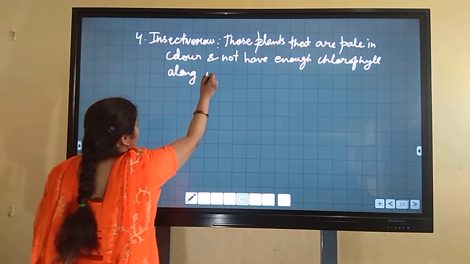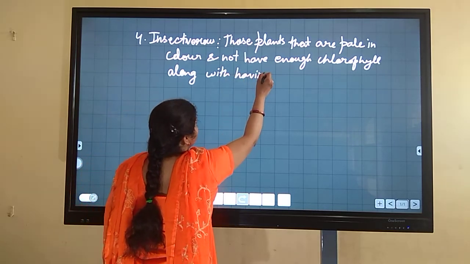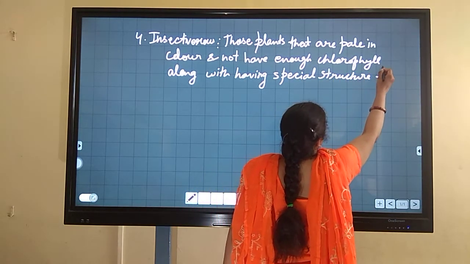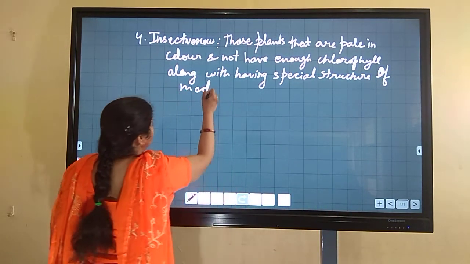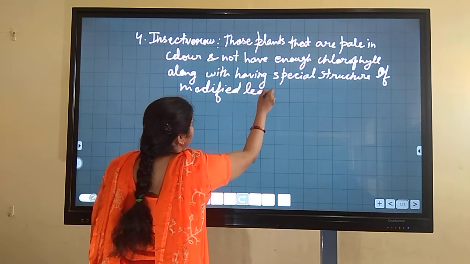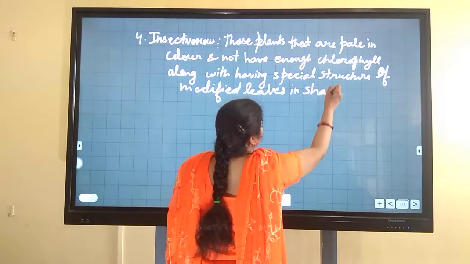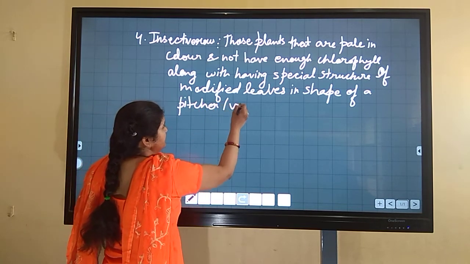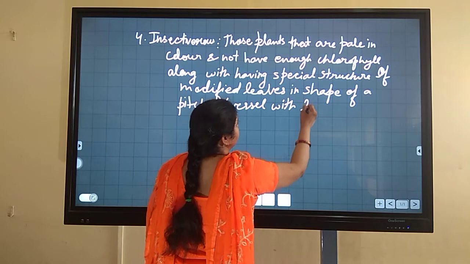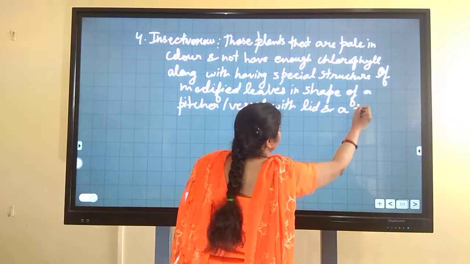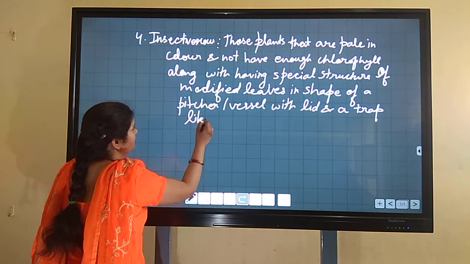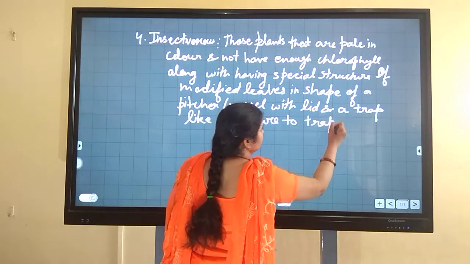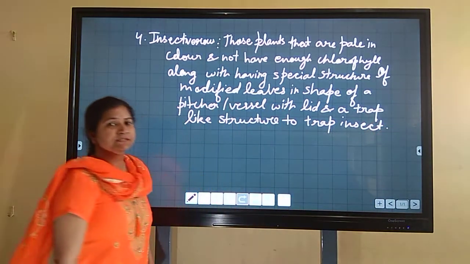Along with having special structures of modified leaves in the shape of a pitcher-like vessel with a lid, and a trap-like structure to trap the insects.